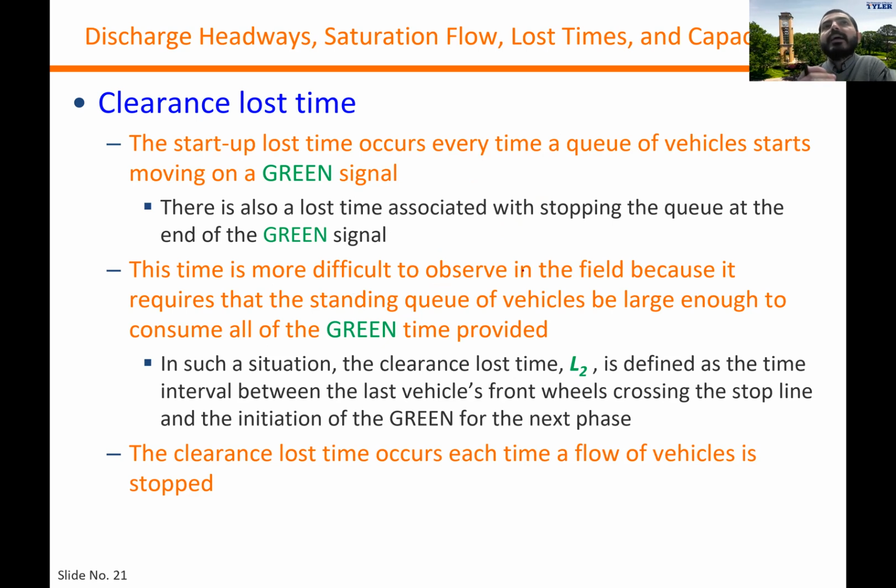Instead of startup loss time, when the green light just comes on and people start slow but pick up with time, now when the green time is about to be over, people start to slow down. They expect the green time is about to be done, getting into the yellow time, and that is what we call a clearance loss time.